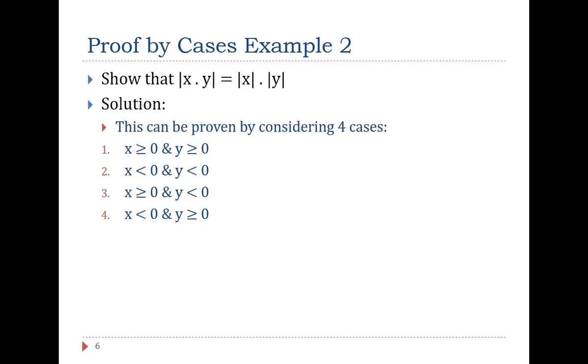And the absolute value of x times the absolute value of y is equal to the absolute value of y times the absolute value of x. So once again, because multiplication is commutative, x and y play similar dual roles for each other.